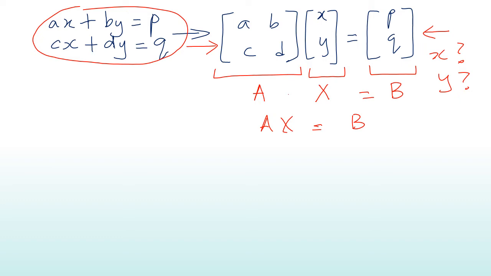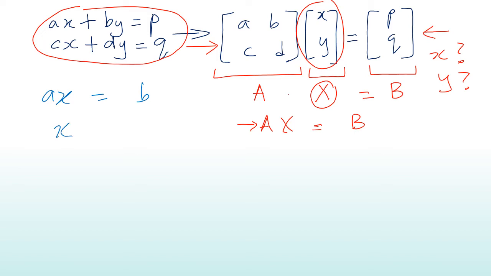So you want to find your X, because your X is x, y, right? You have to eliminate this A. How do you eliminate it? Okay, we go back to basics. Let's say you have ax equal b, and you want to find x.